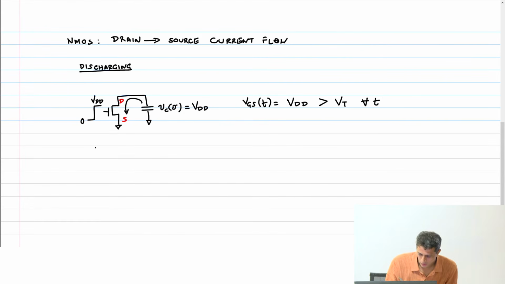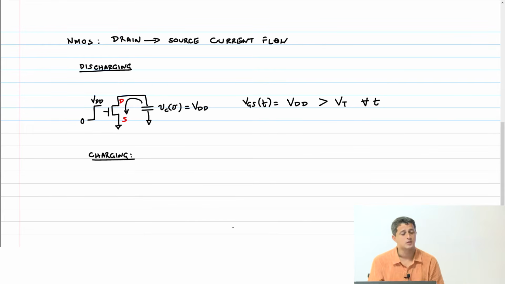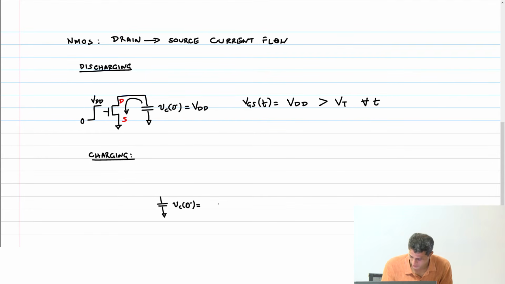Now if I were to use the same NMOS transistor to charge a capacitor, I want to see what happens here. So let's look at charging of a capacitor with an NMOS transistor. What is VC of 0 minus? 0.